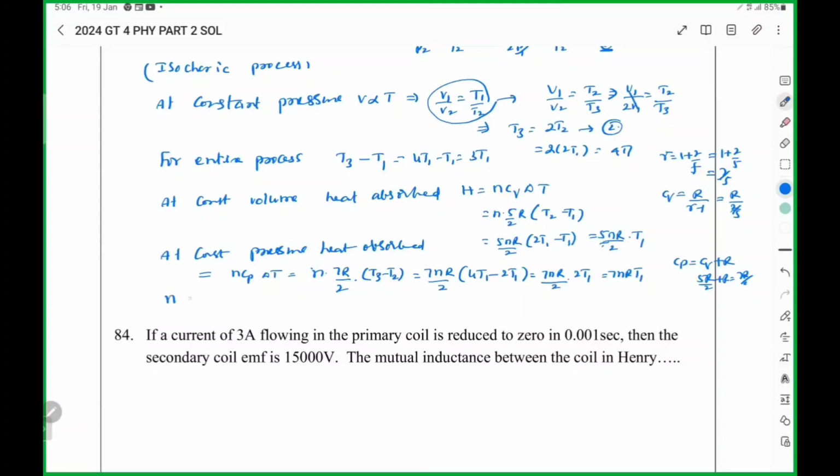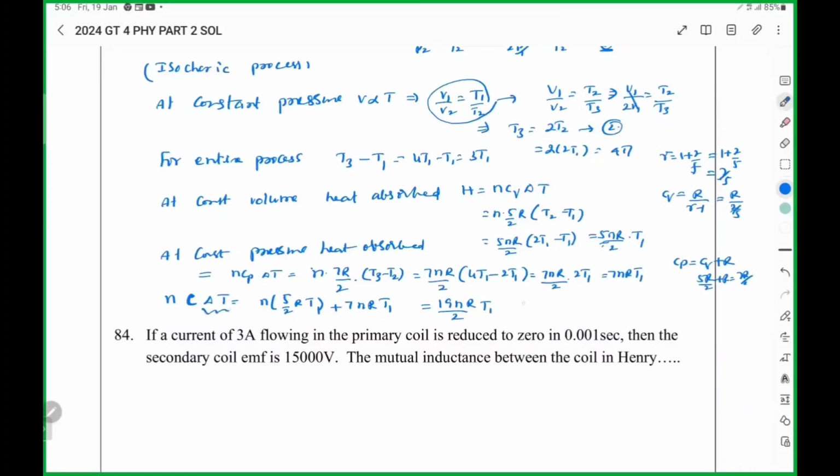So for the entire process, the molar specific heat we don't know. I will add the heat absorbed in both cases: 5 plus 14 is 19 nR by 2 T1.